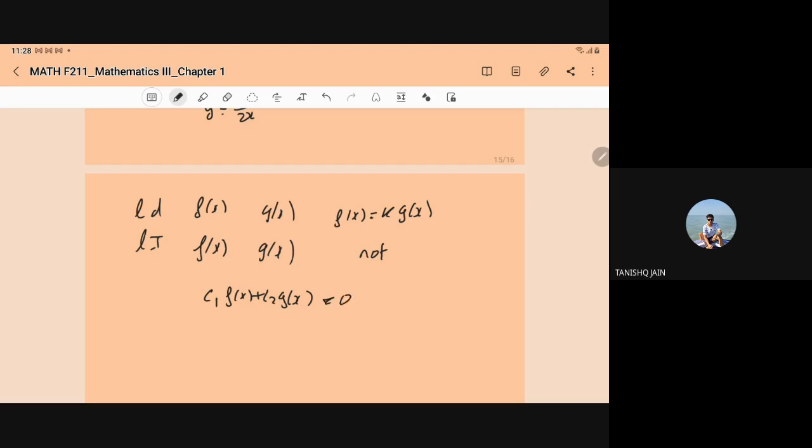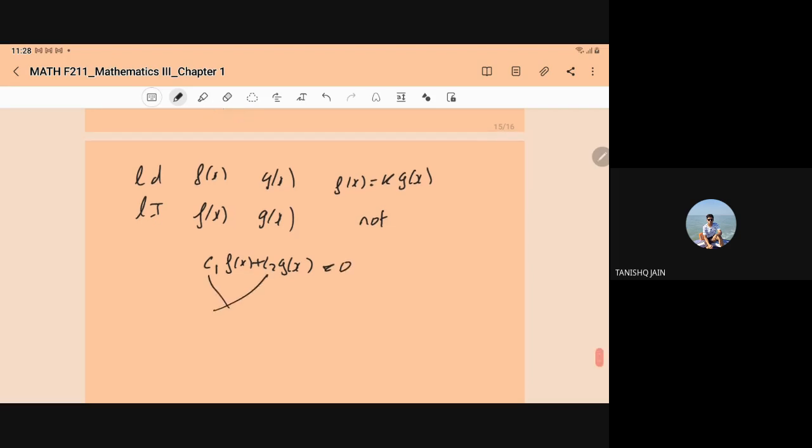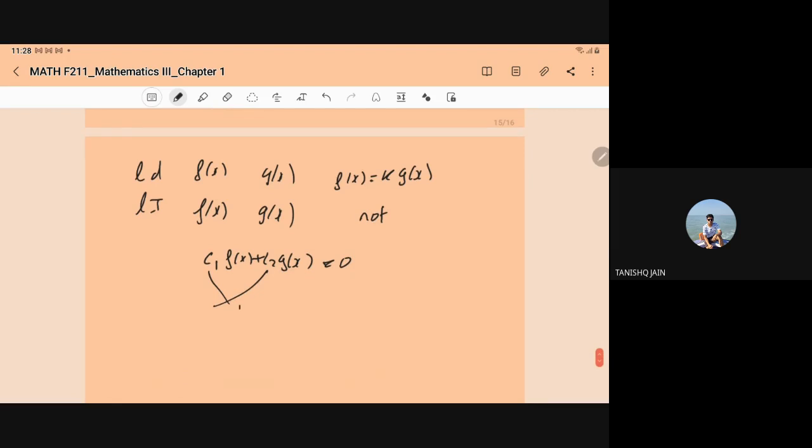If it is equal to 0 and c1 and c2 are non-zero, then we say they are linearly dependent. Otherwise it is linearly independent. If it is zero, then it is LI.